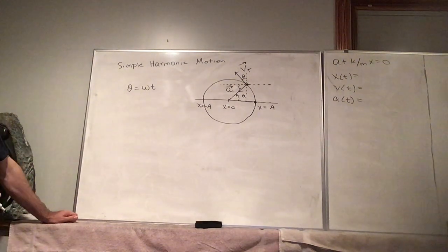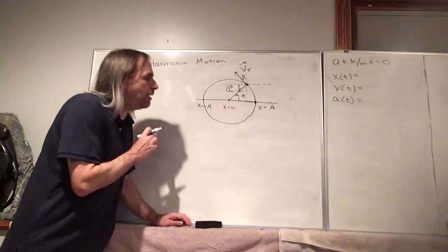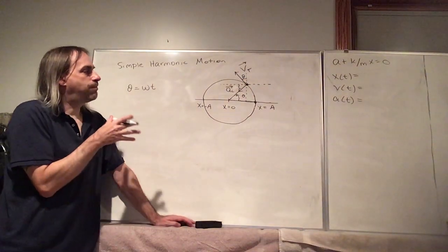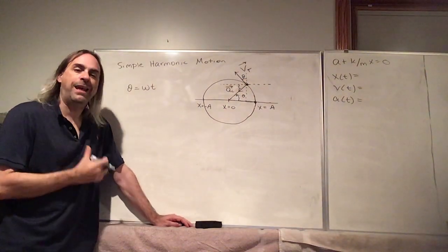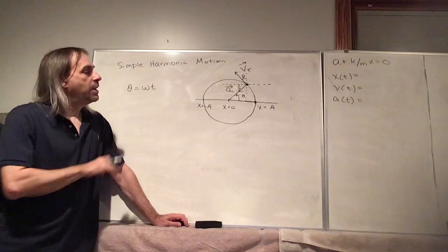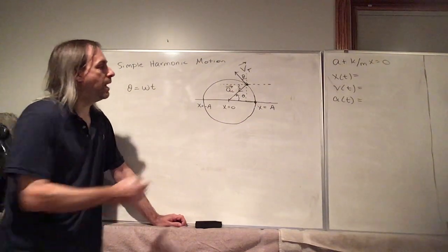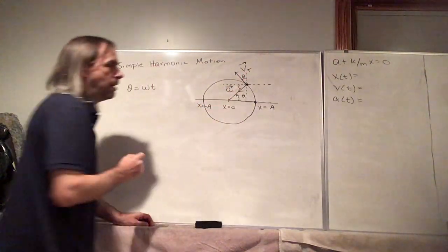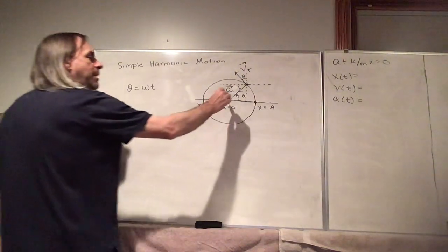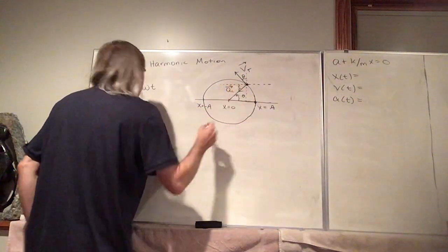And what I want to do is look at just the components in the x direction. So let's start out with the x coordinate of this particle. That one's easy.